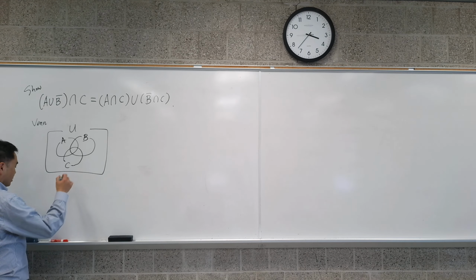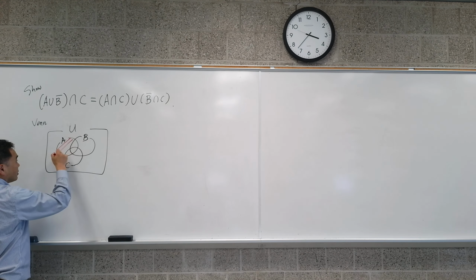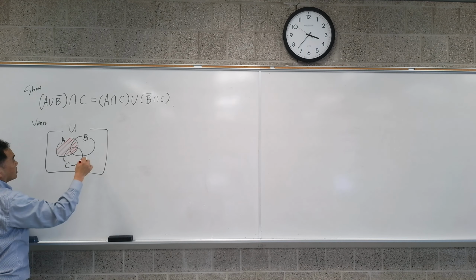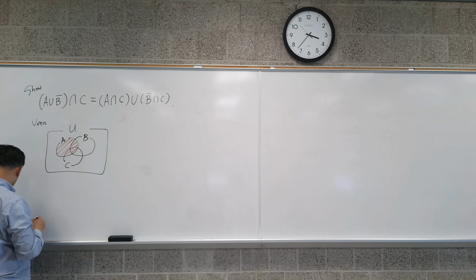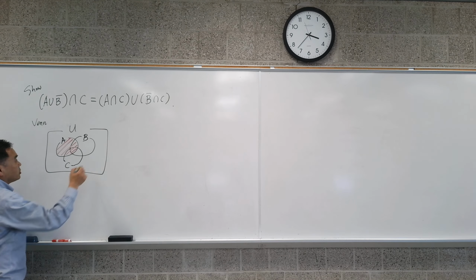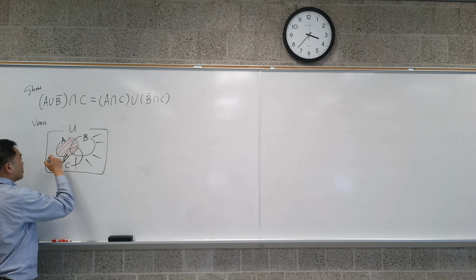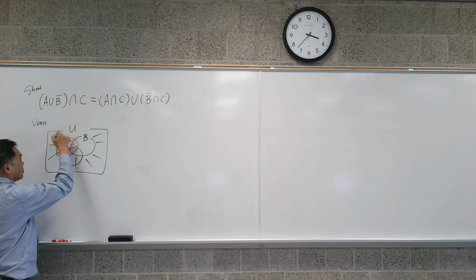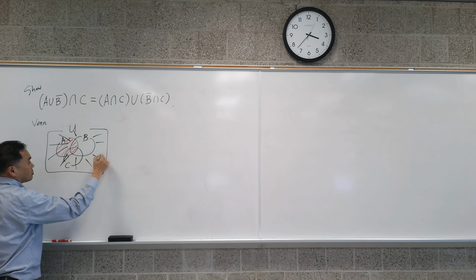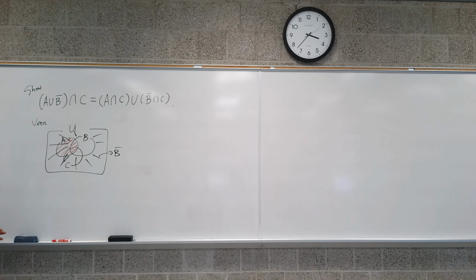So here's A, and here's B bar, this one here. Okay, so this is B bar because it's the set where it collects everything that does not belong to B. So it's outside of B.